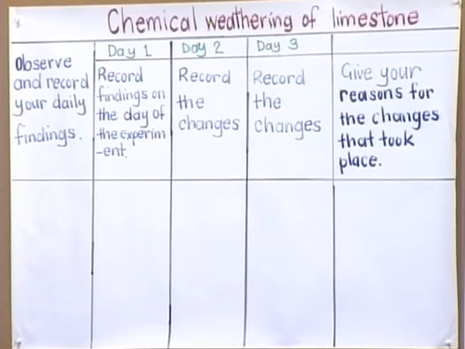Okay, so class, I will come around with the vinegar, and you have your worksheet, so I'd like you to take note of that. You also have a lens there. That lens is for you to see closely what's happening once vinegar is poured into the beaker.